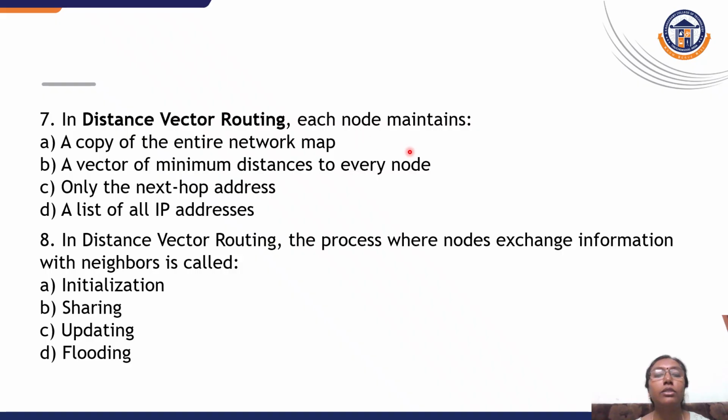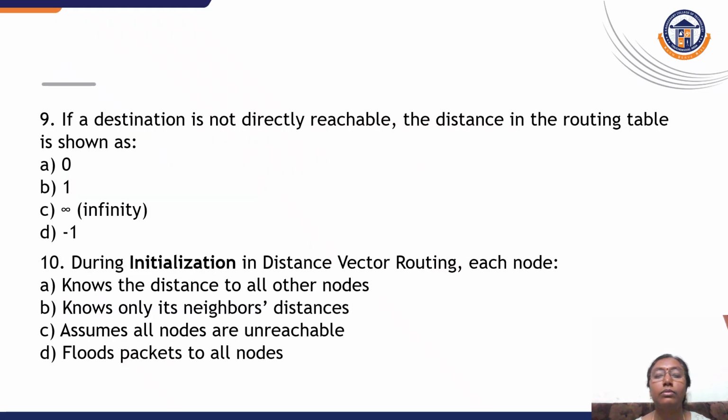In distance vector routing, each node maintains a vector of minimum distance to every node. The process where nodes exchange information with neighbors is done by means of sharing.